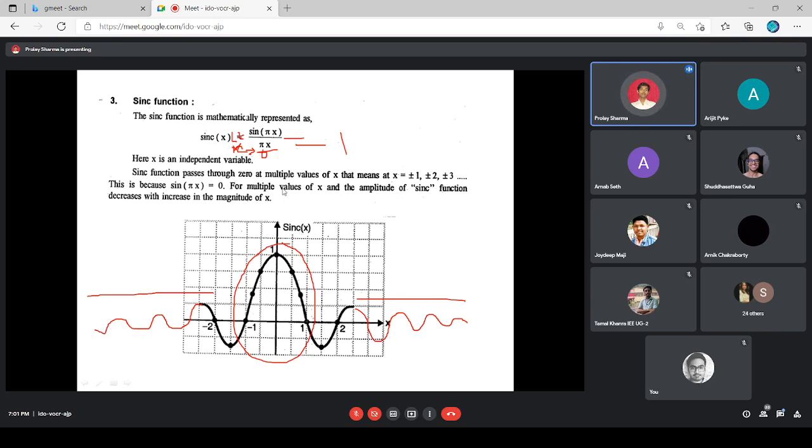For the sinc function, when x tends to 0, means near the origin, we know sin x by x is 1, that is, the amplitude is 1 near the origin. And for different values of x, the amplitude goes down and it extends from -infinity to +infinity.